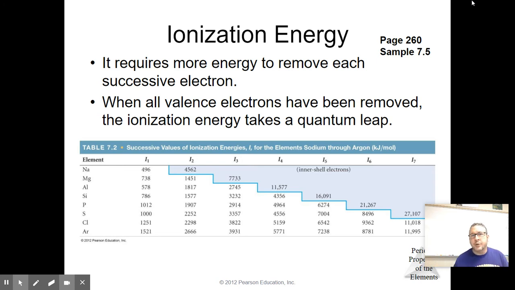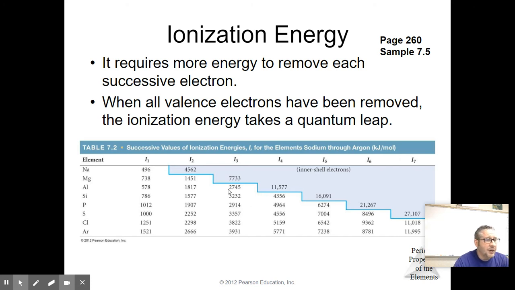And also, you're going to lose repulsion between electrons. So with each successive valence electron you remove, you're having an imbalance of protons to electrons. You are allowing those protons to have a much stronger grip every single time you remove an electron.